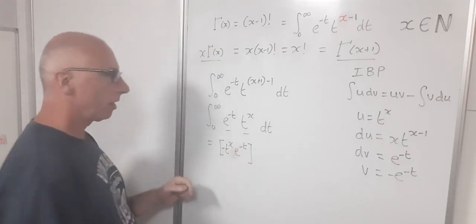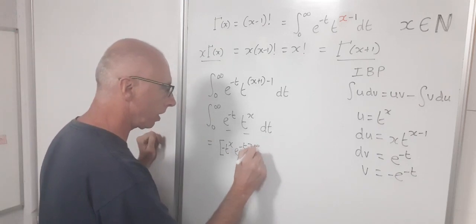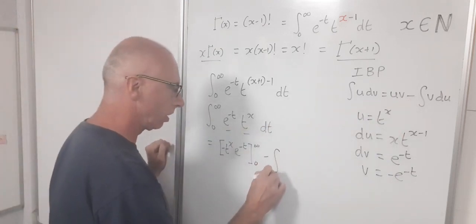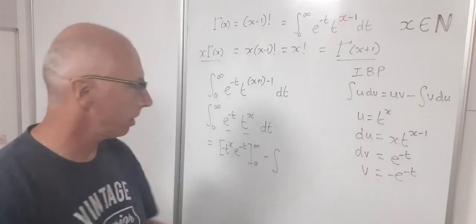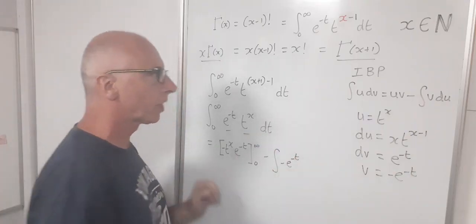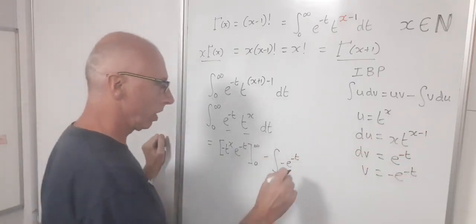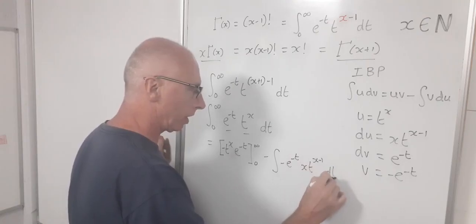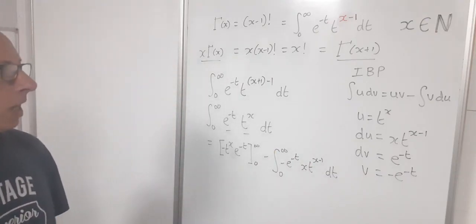And then the parameters of integration count for this because this is part of my answer. So I've got 0 to infinity. And then I subtract the new integral, v, which is minus e to the minus t. So I've got minus e to the minus t. And then du, which is x t to the x minus 1. So x t to the x minus 1 dt. And that's also from 0 to infinity.